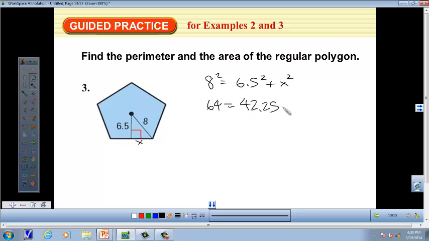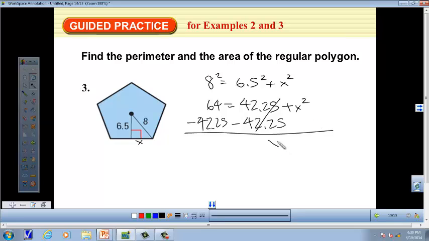42.25 plus x squared. We're going to subtract 42.25 from both sides. Those cancel. And if we subtract those two, we get x squared is equal to 21.75. We're going to square root both sides.